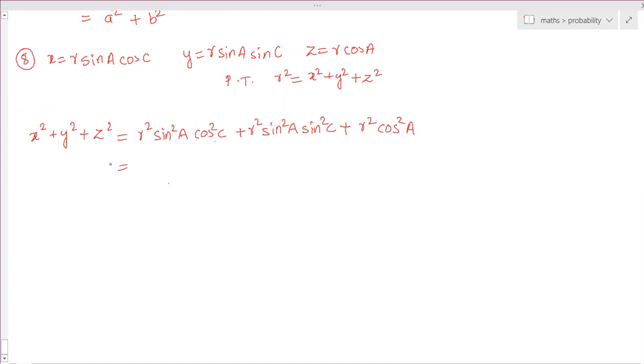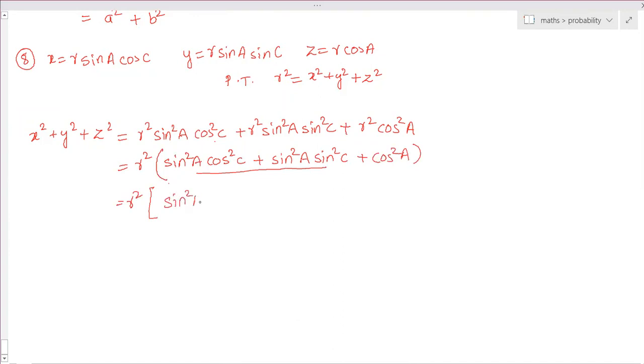Now R square is common, take that out. Then it is sin square A cos square C plus sin square A sin square C plus cos square A. From these two terms, sin square A is common, take that out.